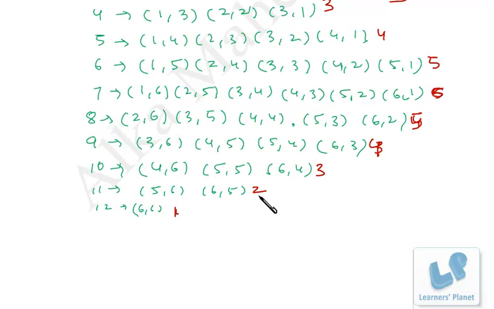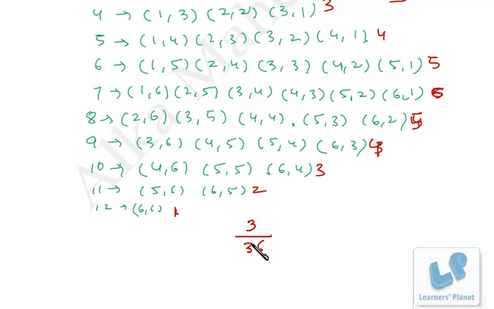So what is the total number of combinations we are getting for 11 and 12? That's 2 plus 1, that's 3, right? And the total number of events is 36, and favorable events are 3. So 3 by 36 is the probability of getting the sum of the digits of both the dice more than 10, right?